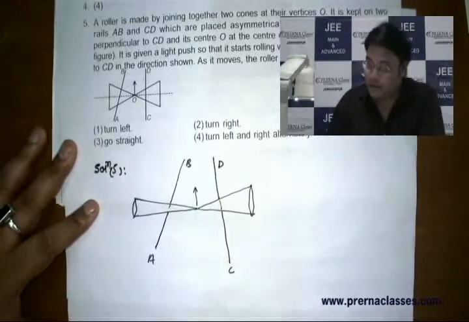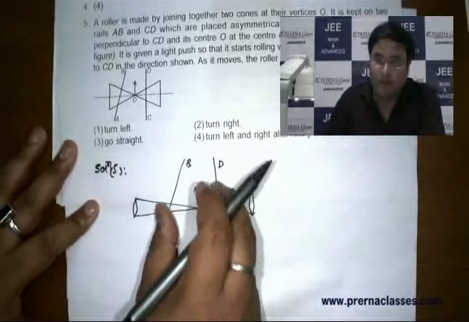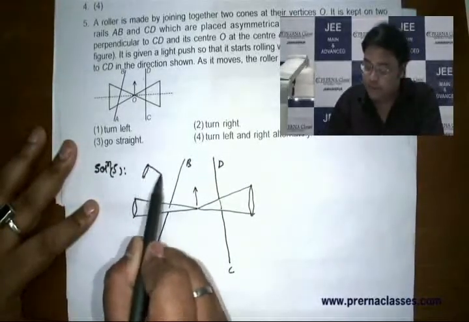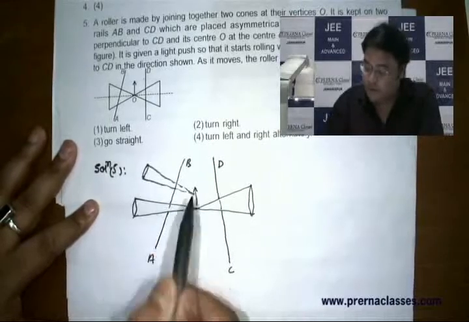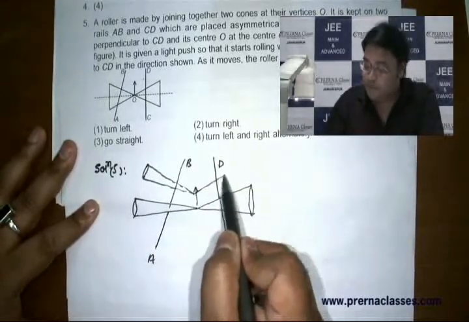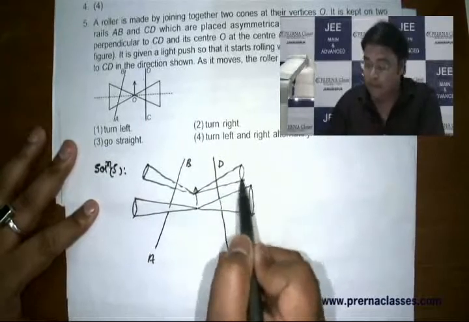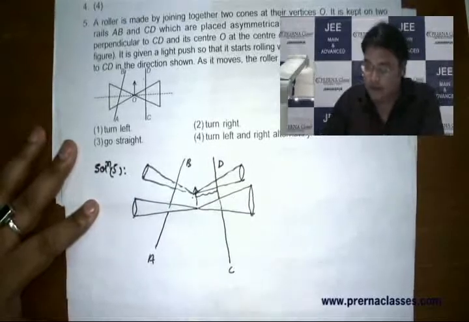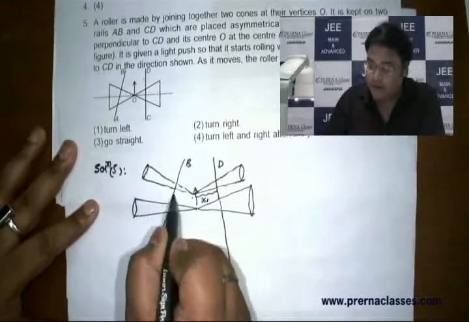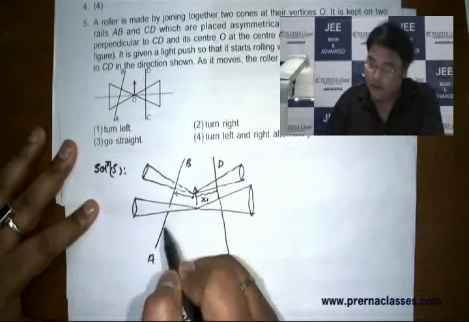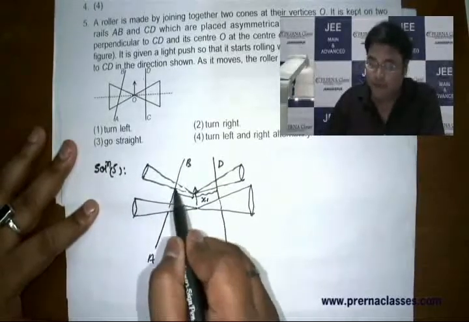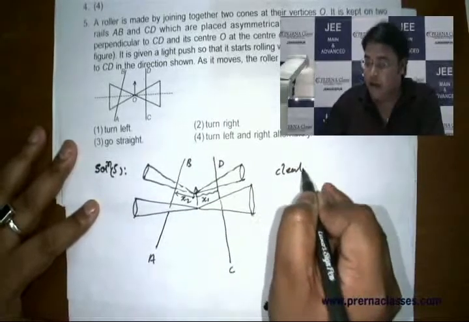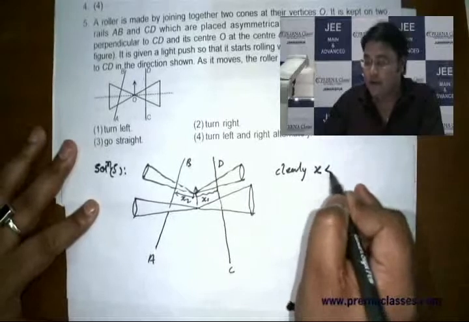Clear? So as the cone moves forward, at this position, the distance of the center of mass from the CD line, let us say, is x1, and the distance of the AB line from the center of mass is x2. Clearly, x2 is less than x1.